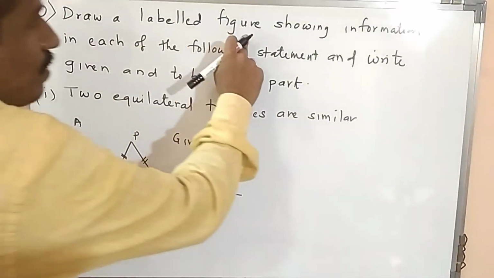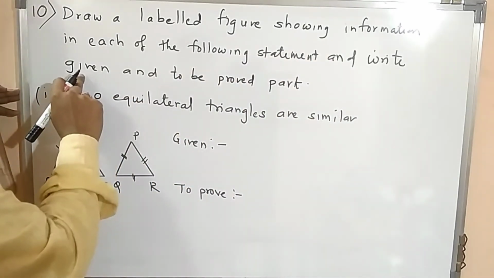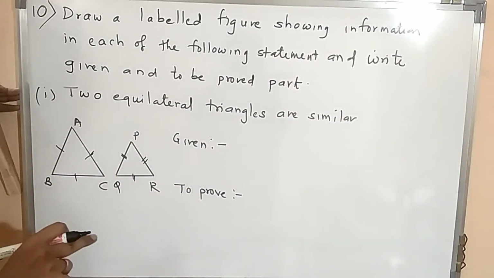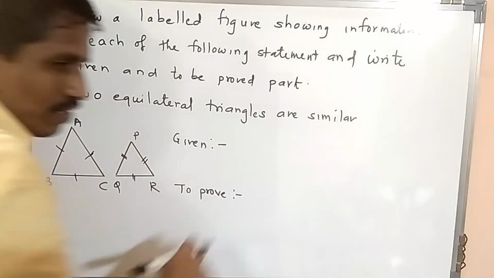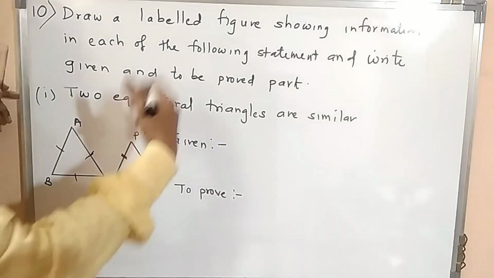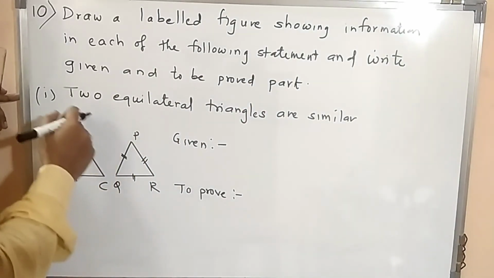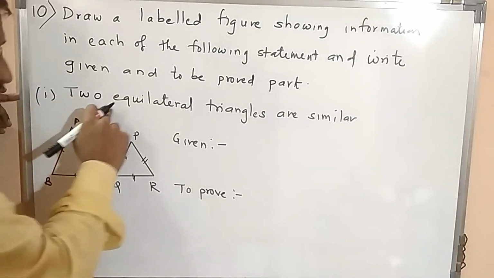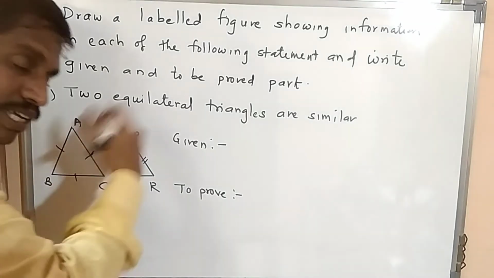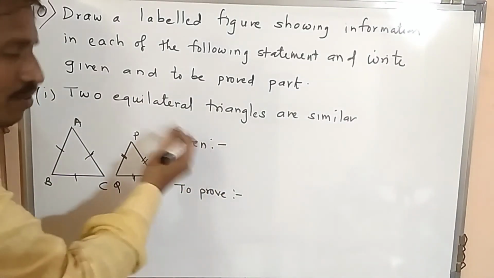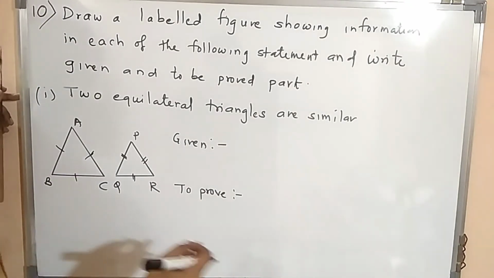Draw a labelled figure showing the information in each of the following statements and write given and to be proved part. Here the first statement is two equilateral triangles are similar. First I will convert it into conditional form. If two triangles are equilateral triangles, then they are similar. So equilateral triangles, this is given part, and triangles are similar, this is to be proved part.